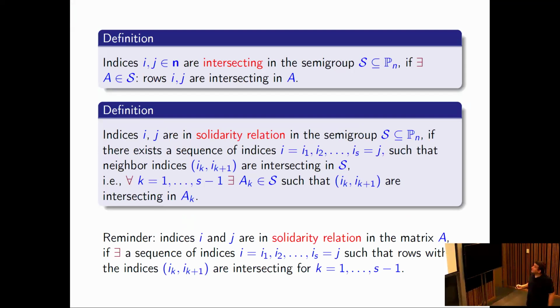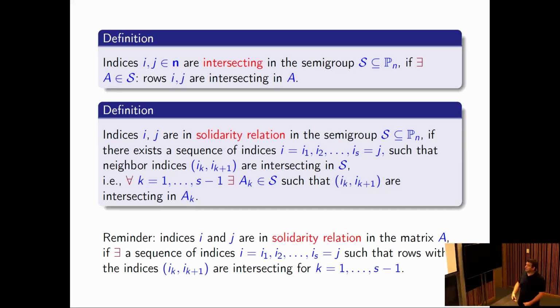So these results are of interest. But what could be done in case we avoid irreducibility? So there is another notion, a solidarity relation, now in a semigroup. Again, intersecting for two indices in a semigroup means the existence of a matrix where these two indices are intersecting. And so the solidarity relation for two elements means that consequent indices would be intersected in a certain particular matrix.